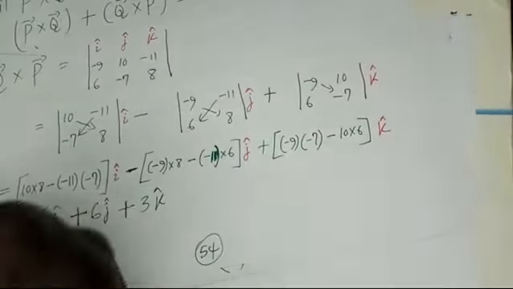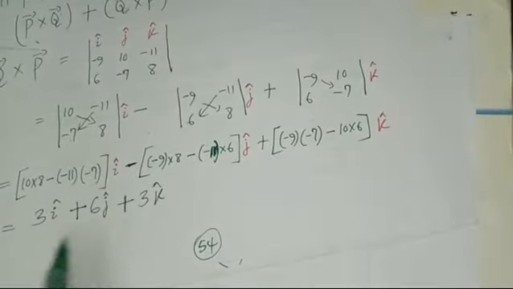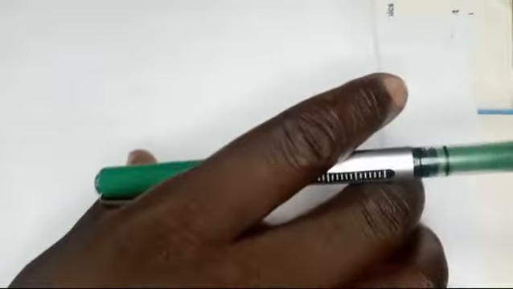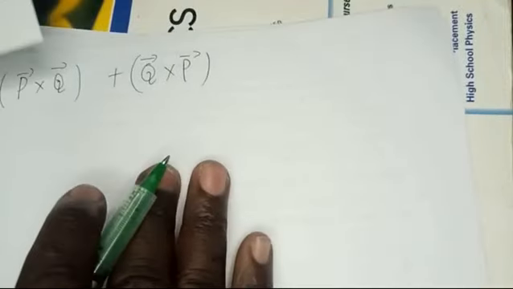So it means my Q cross P is this one. The next thing we are going to do is to add the two and see if we will get 0. If we get 0, then our condition is satisfied. So we will say P cross Q plus Q cross P, and this is equal to, what is our P cross Q?